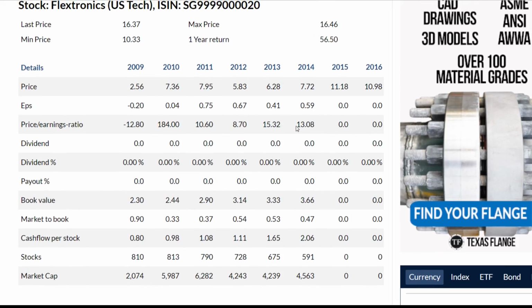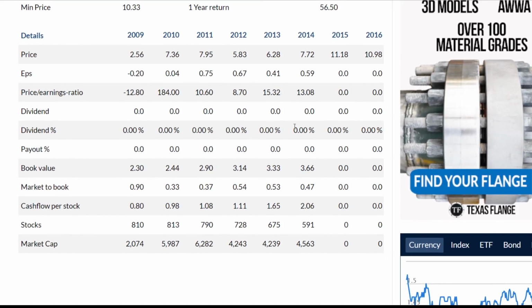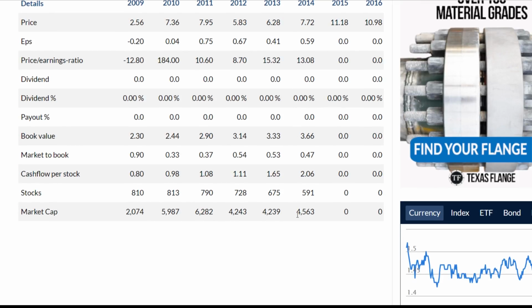In 2014, the company's market capitalization, it's the number of shares times the market price, equaled to 4.5 billion US dollars. In 2014, the company had 591 million stocks listed.